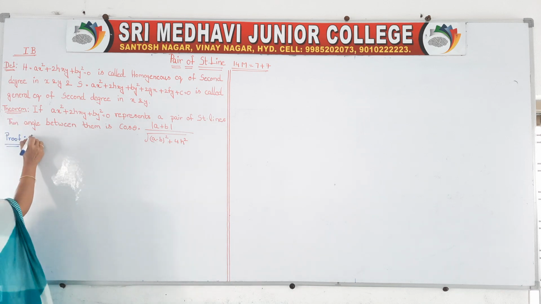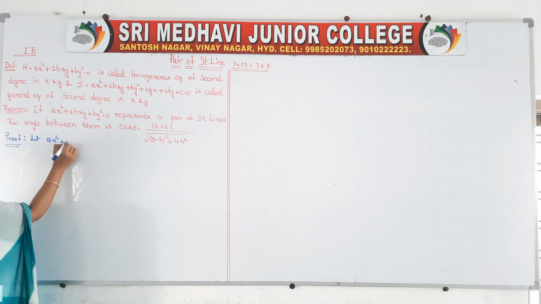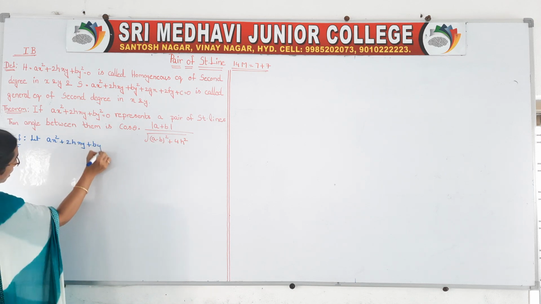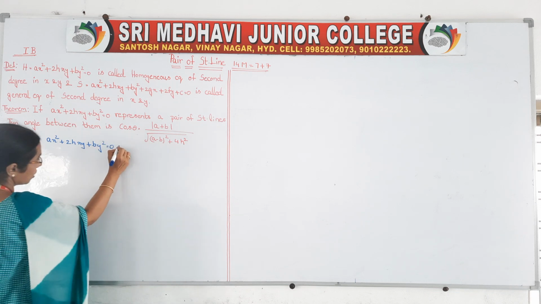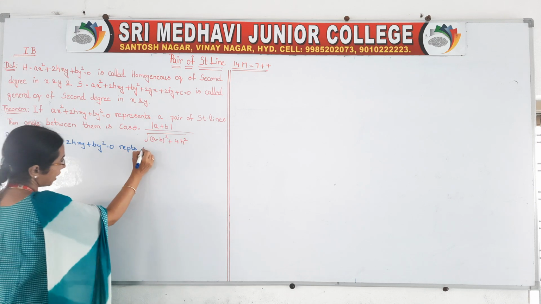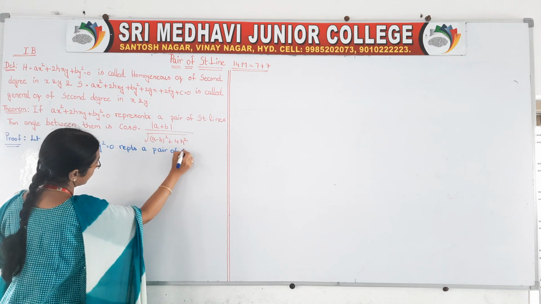So what is the given information to us? ax square plus 2hxy plus by square is equal to 0 represents a pair of straight lines.